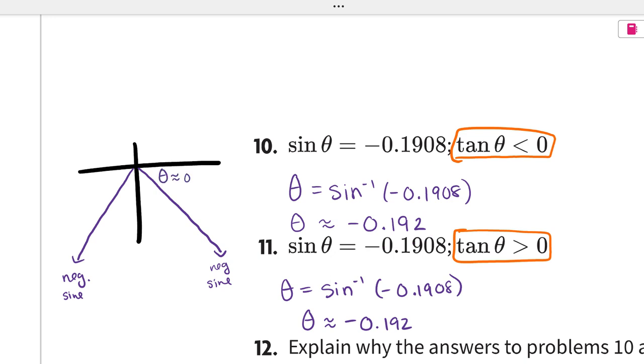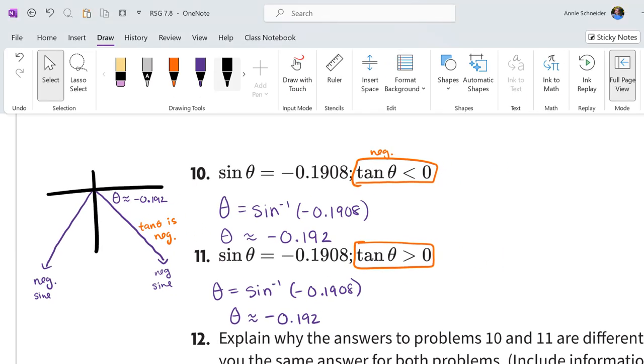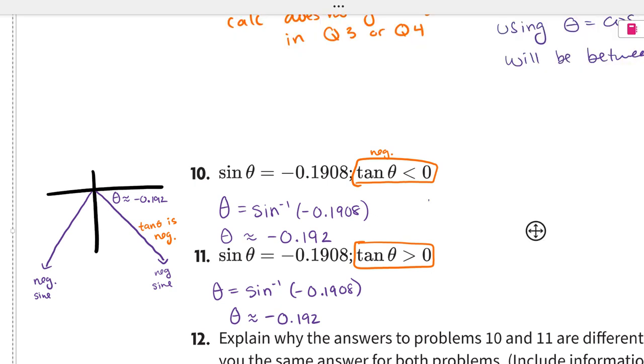This angle is negative 0.192. And for this quadrant, tangent of theta is in fact negative. So tangent of theta is less than 0. So that's our answer for question 10. Our answer for question 10 is just negative 0.192.